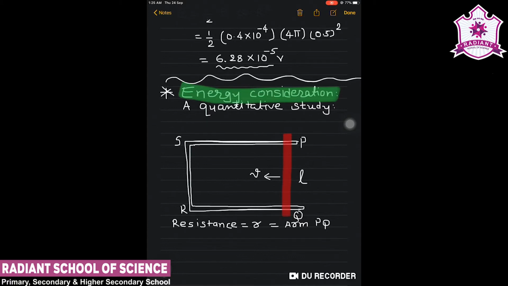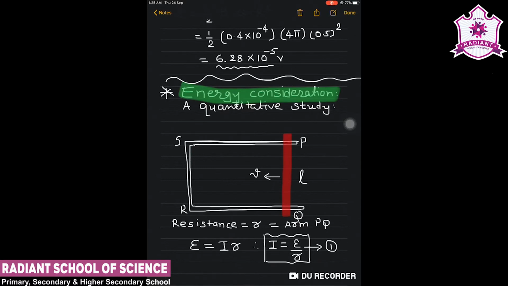Now we know that the current follows the equation E is equal to IR, so we can get I is equal to E over R. This will be our first equation that we may use somewhere.